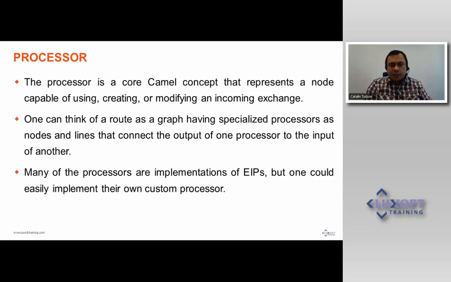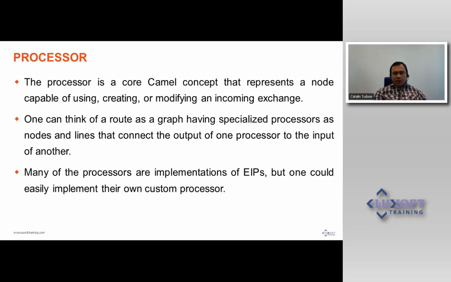What is a processor? The processor is a node in the graph that I was talking about. Many of the processors are implementations of EIPs, Enterprise Integration Patterns. I was saying that KML is heavily based on the EIPs, and the designers of the Apache KML framework have tried to implement almost a one-to-one correspondence between the concepts of the enterprise integration patterns and the processors that they have defined inside the framework.